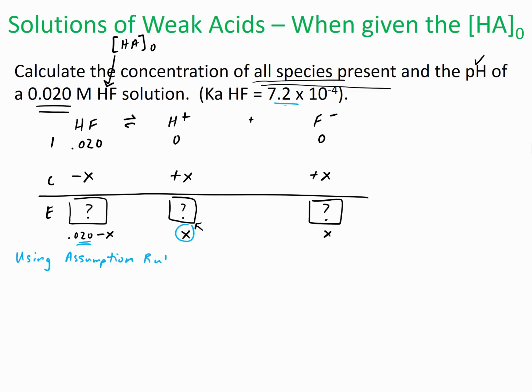So using the assumption rule, we're going to have 7.2 times 10 to the negative fourth equals X squared over 0.020 minus X. We're going to assume this is nothing and solve for X, and we end up getting X is equal to the square root of the Ka, 7.2 times 10 to the negative fourth, times 0.020.